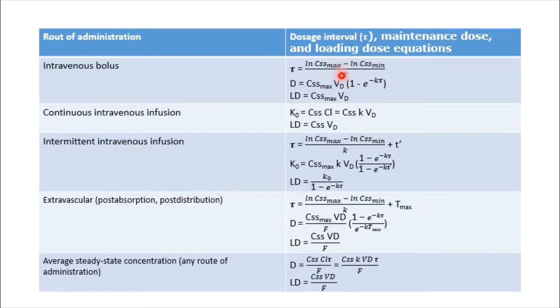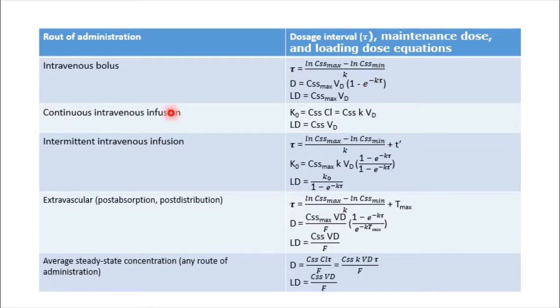For the maintenance dose, it equals the maximum plasma concentration at steady state, multiplied by volume of distribution and multiplied by 1 minus e to the power of minus elimination rate constant multiplied by tau. This is for intravenous bolus.